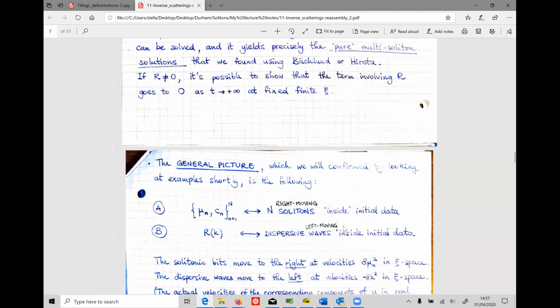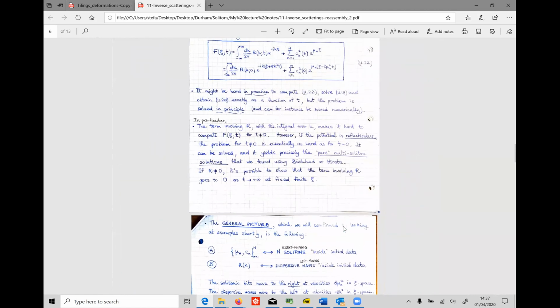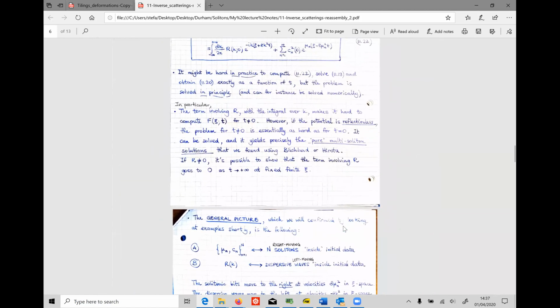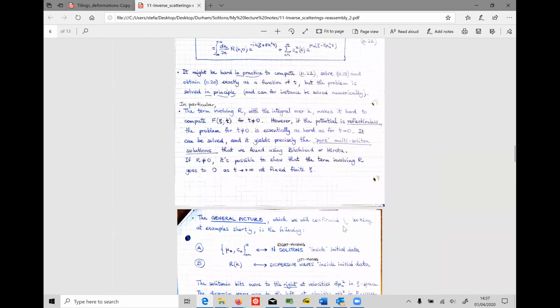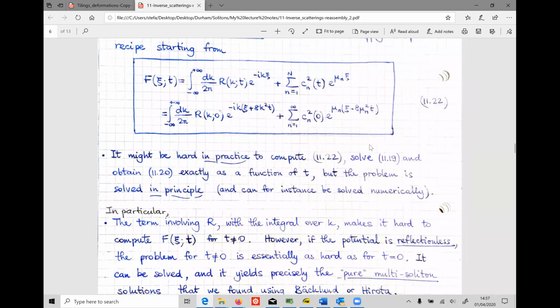And we can also say a bit more. In particular, let me just focus on the second line here of equation 11.22. So we see that the dependence on psi and t goes in a form which is psi minus, say, some velocity times t.